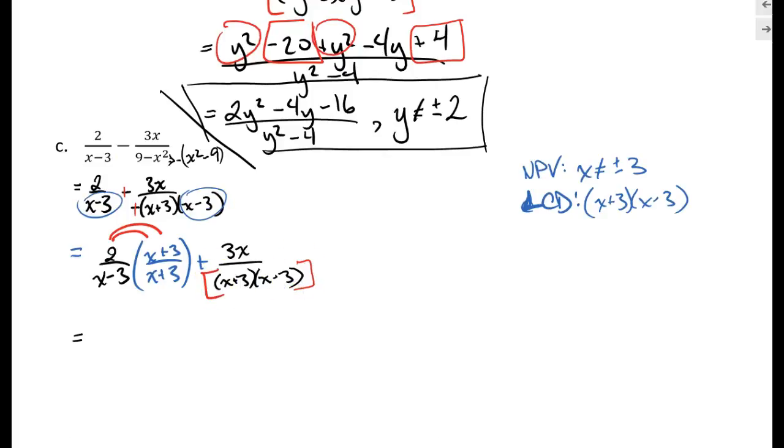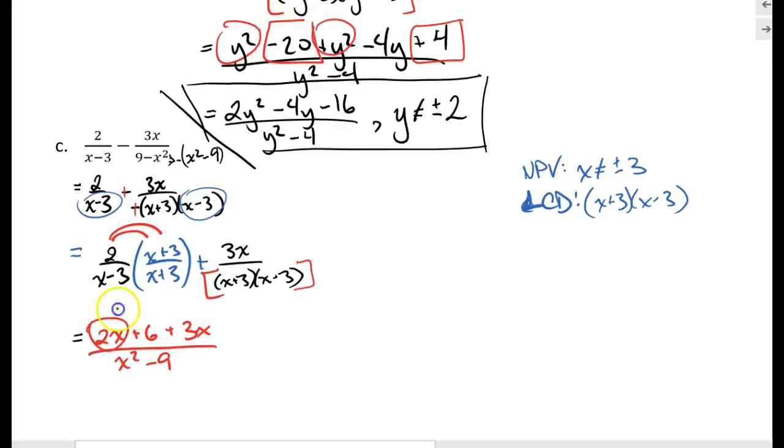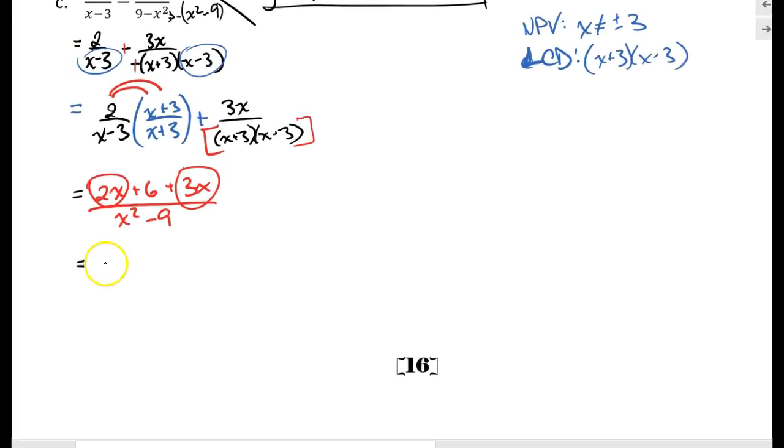Okay, I'm going to skip ahead a little bit, and I'm going to end up with 2x plus 6 plus 3x all over x squared minus 9. From here I'm going to collect like terms, and my final solution will then be 5x plus 6 over x squared minus 9, where x isn't positive or negative 3.